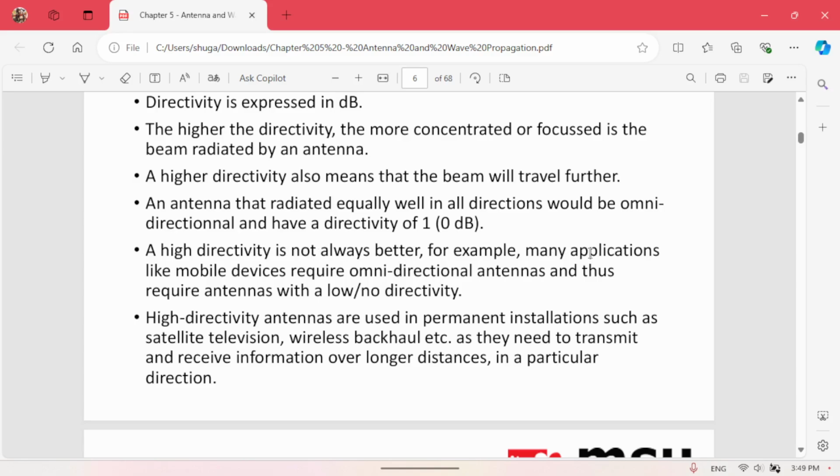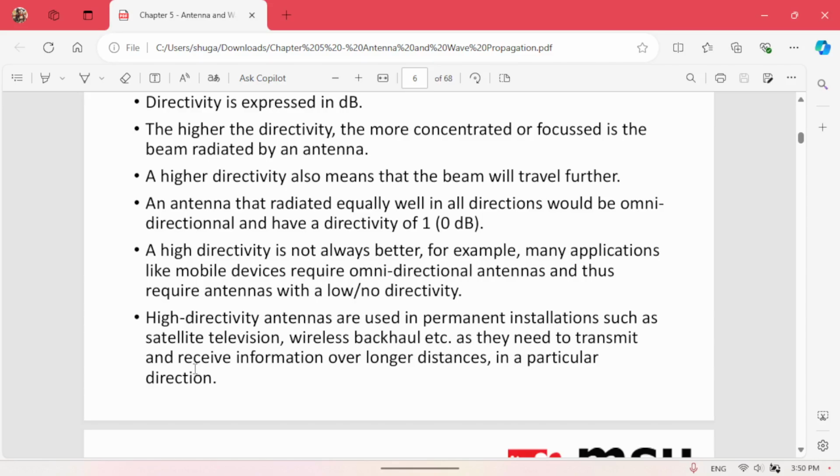For example, many applications like mobile devices require omnidirectional antennas and thus require antennas with low or no directivity. High directivity antennas are used in permanent installations such as satellite television and wireless backhaul, as they need to transmit and receive information over longer distances in a particular direction.